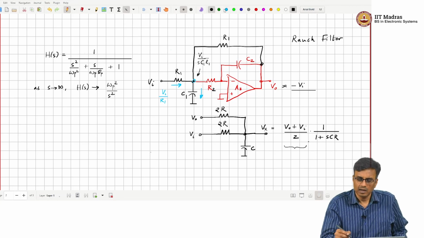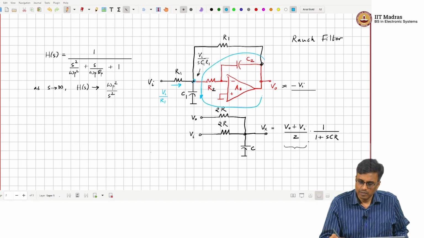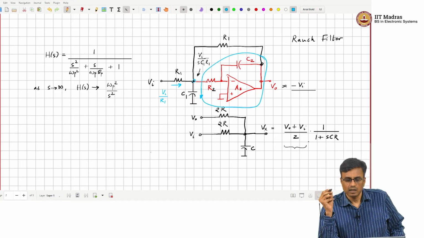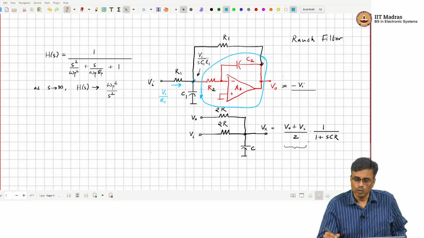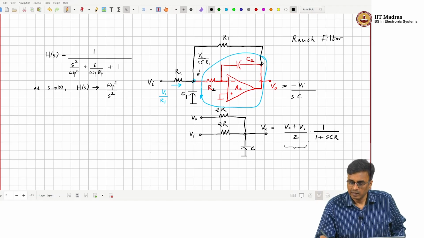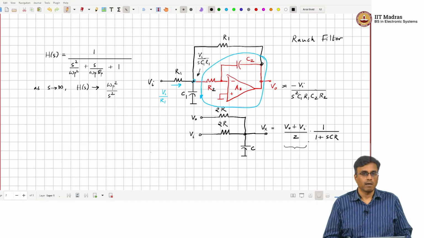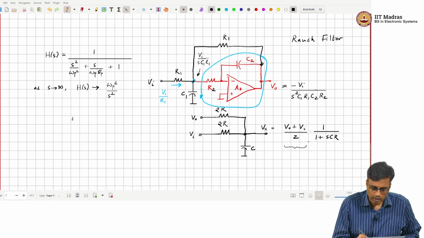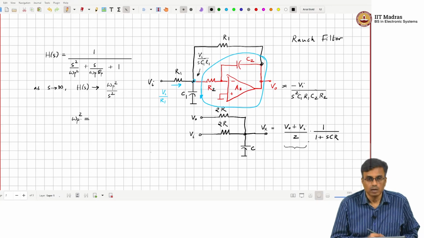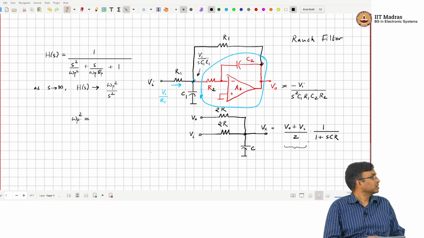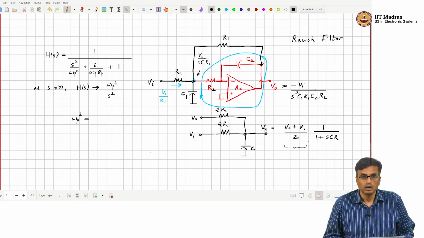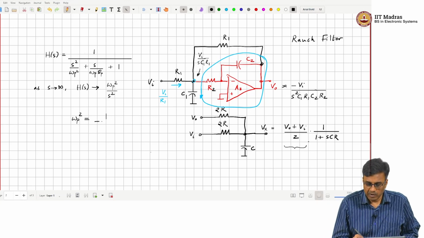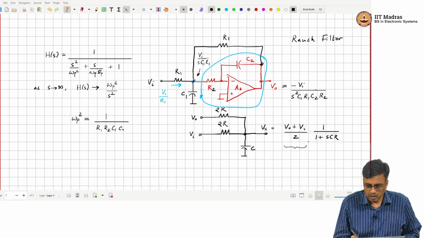If you simply recognize this as being an integrator, the output is nothing but minus Vi over S C1 R1 times S square C1 R1 C2 R2. So what is omega p square therefore? Omega p square is basically 1 over R1 R2 C1 C2.